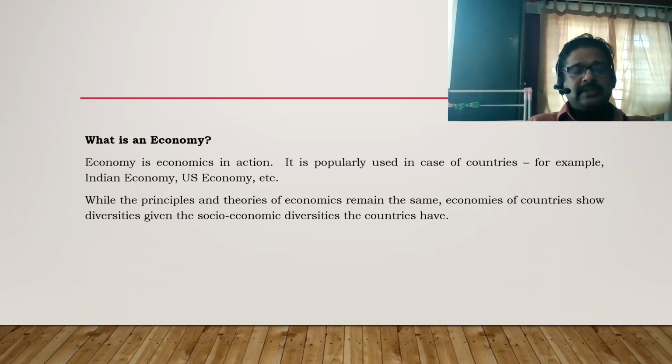So though the principles and theories of economics are the same and universal throughout the world, economies show diversity. Why? Because there are social and economic differences in every country. I hope it is clear. Economy is economics in action, and economy differs from country to country because of the differences in the socio-economic diversities of every country. That is what we have discussed here. Clear?